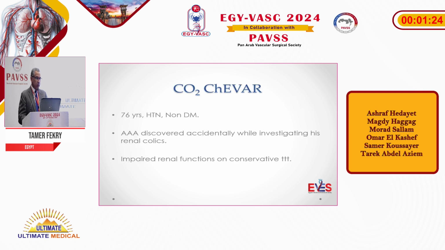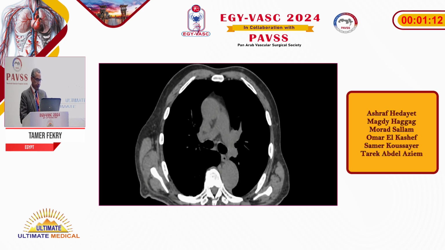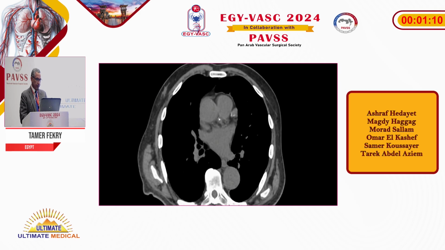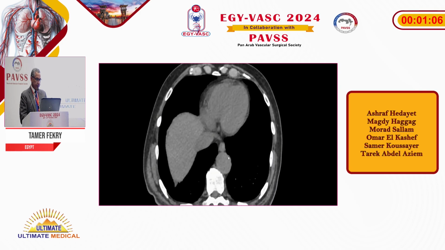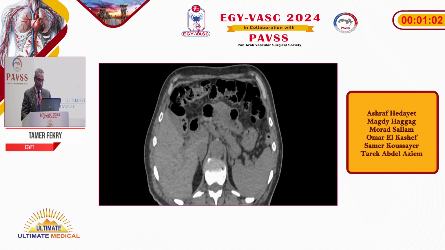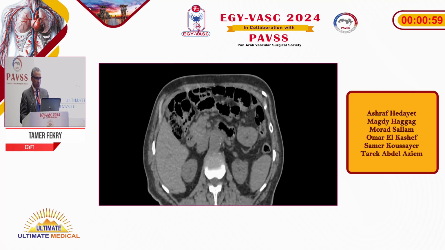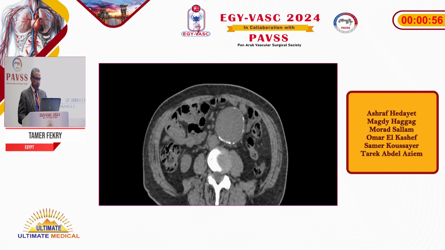Here is a case of CO2 ChEVAR of a 76-year-old patient, hypertensive with AAA and impaired renal functions. Here is the AAA, CT without contrast.